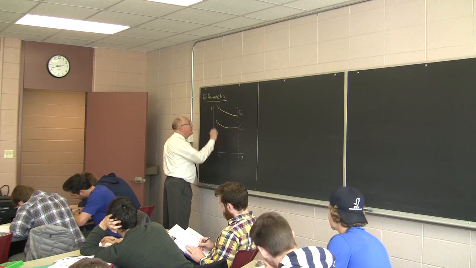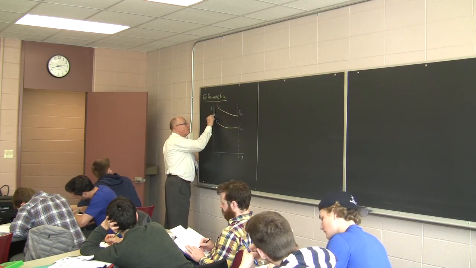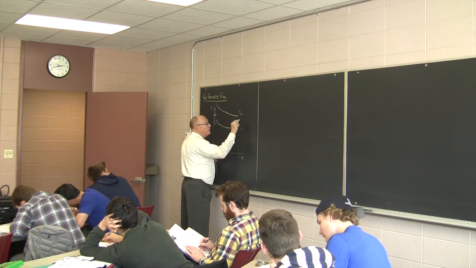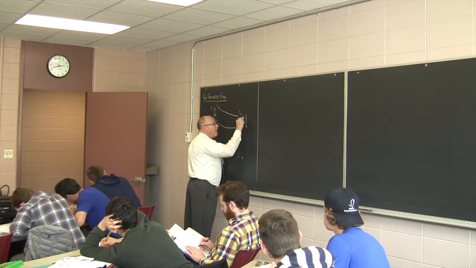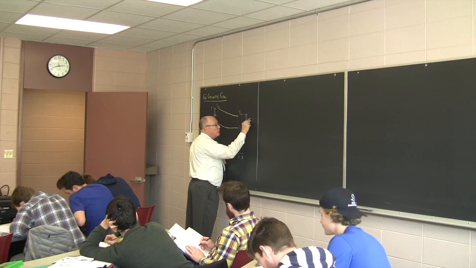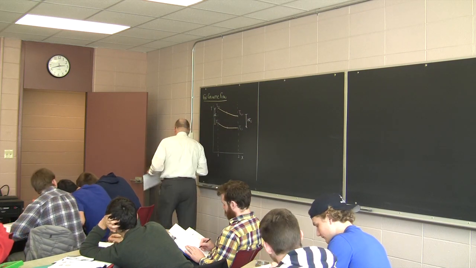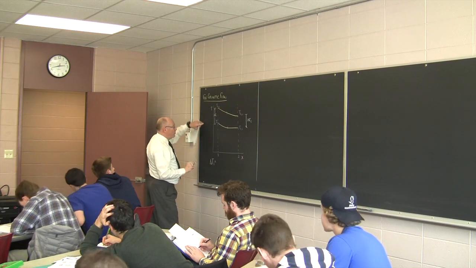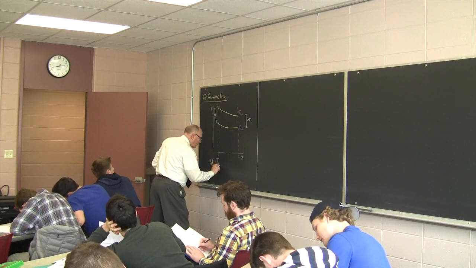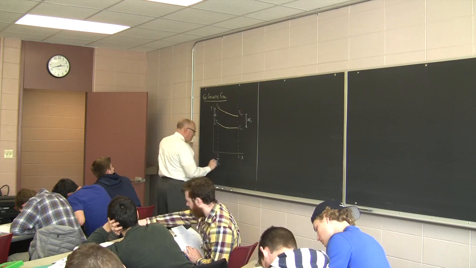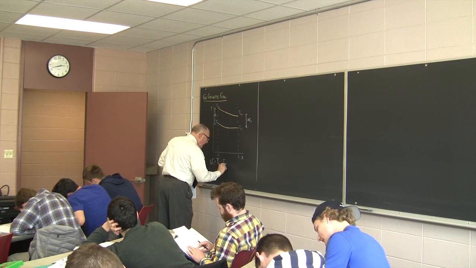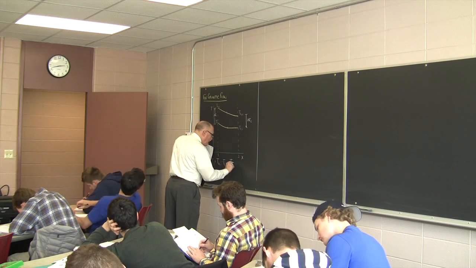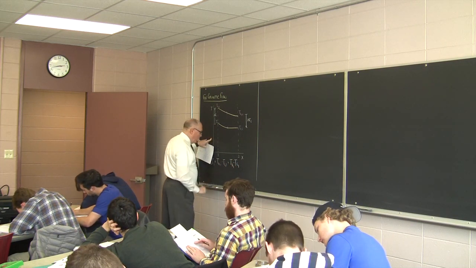This is still delta T1, and this is delta T2. But now, these are defined a little differently. Delta T1 is equal to our hot fluid in minus our cold fluid out, but that's still equal to T_H at 1 minus T cold at 1.